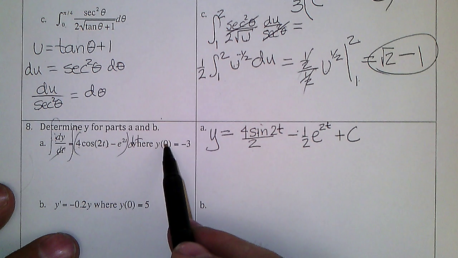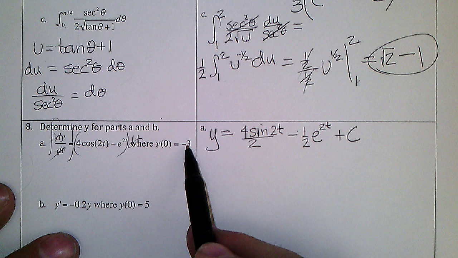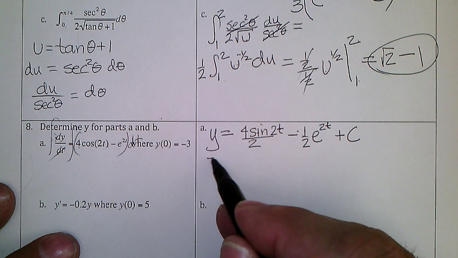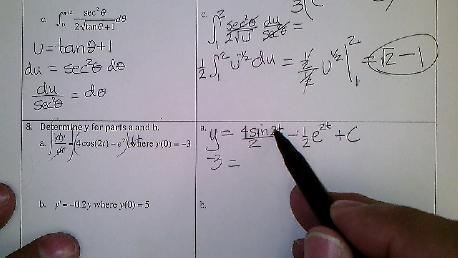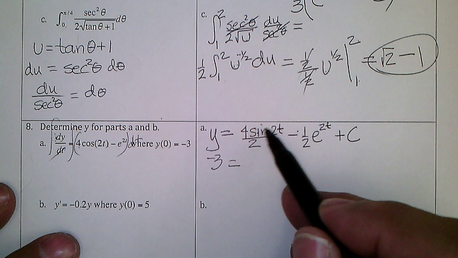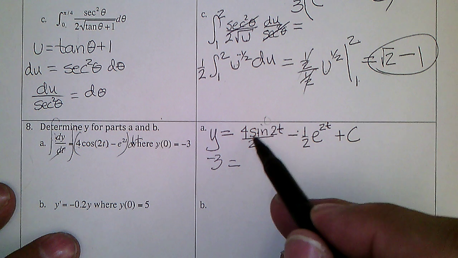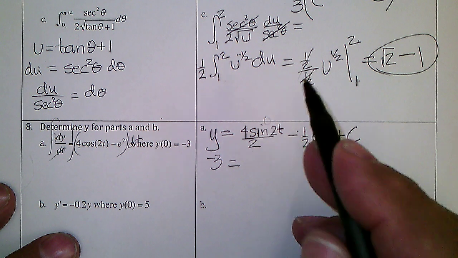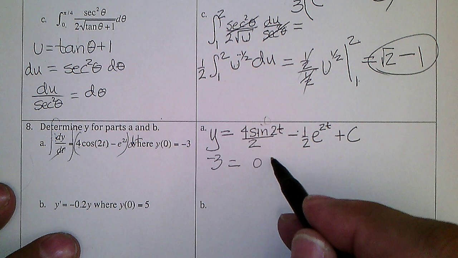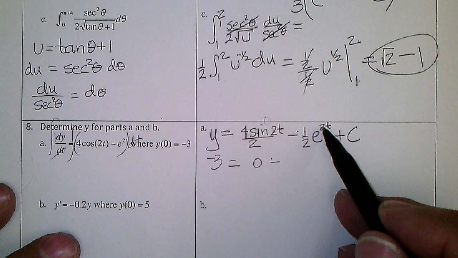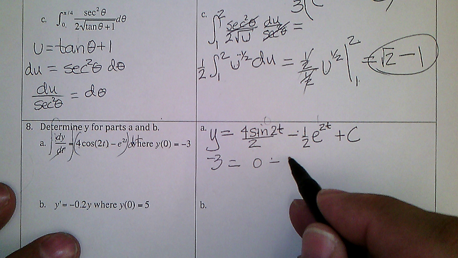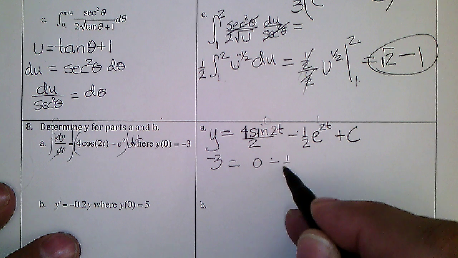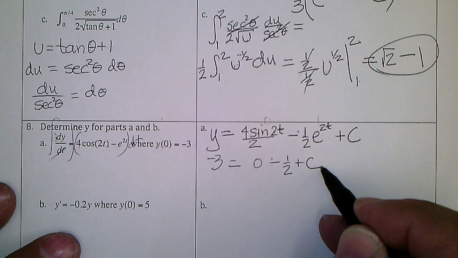And it says when t is 0, y is supposed to be negative 3. Negative 3 is supposed to happen when t is 0. Sine of 2 times 0 is 0. Sine of 0 is 0 times 2 is 0, minus 2 times 0 is 0. E to the 0 is 1 times the negative half is negative 1/2 plus c.